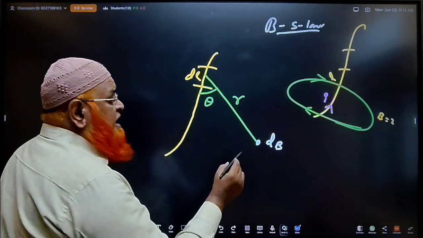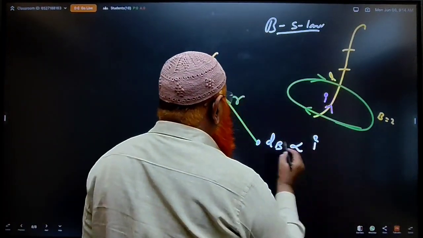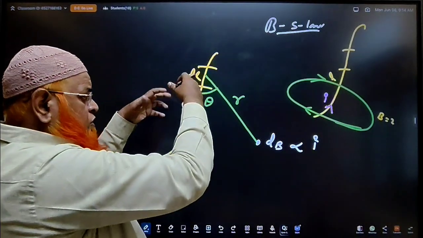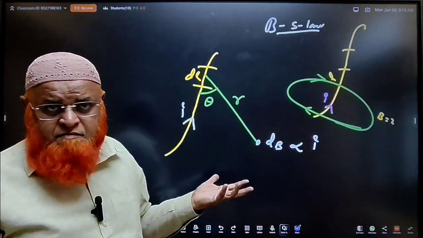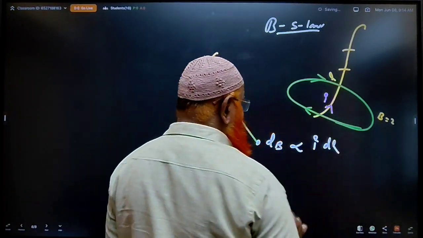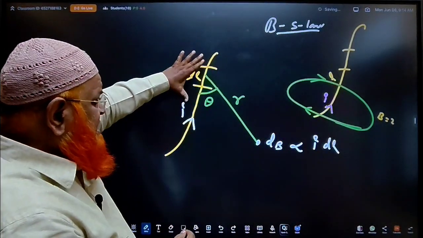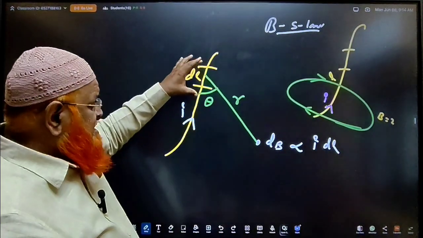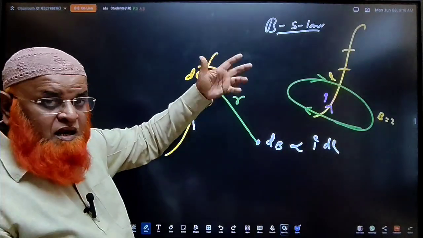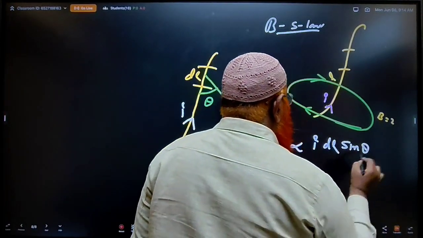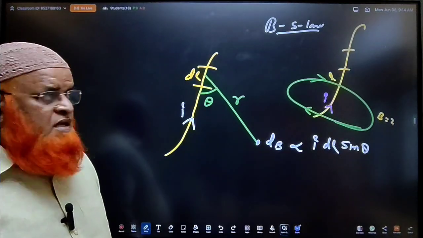Understood? So here dB is directly proportional to the strength of the current. The larger the current flows, the stronger is the field. dB is also directly proportional to length: the larger the length you take, the stronger is the field. The larger the angle you take, the larger is the field.